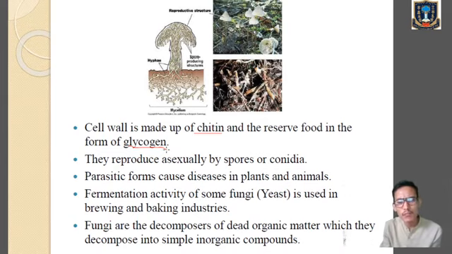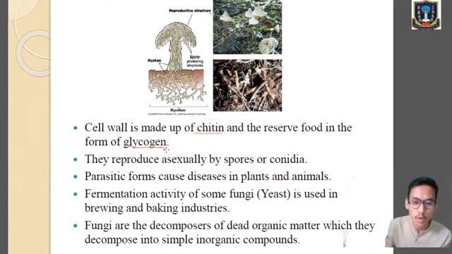It is the main form of carbohydrate storage in animals, which can be converted back to glucose whenever needed. So this glycogen can be converted back to glucose whenever it is needed by the body.